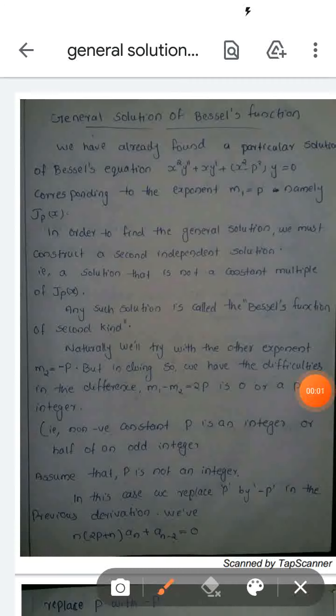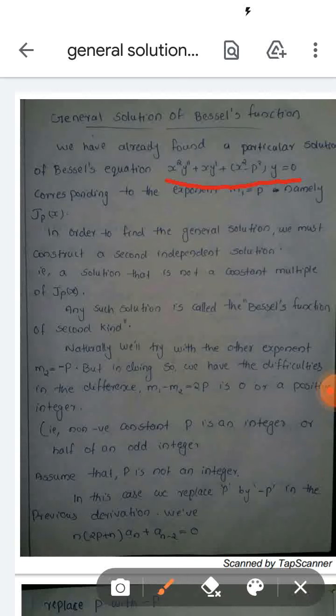Hello everyone. Today we are discussing the general solution of Bessel equation. We already studied a particular solution of Bessel's equation x squared y double dash plus x y dash plus (x squared minus p squared) y equal to 0.